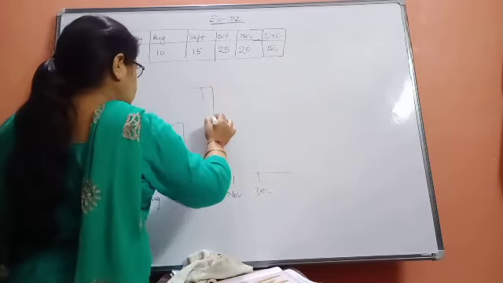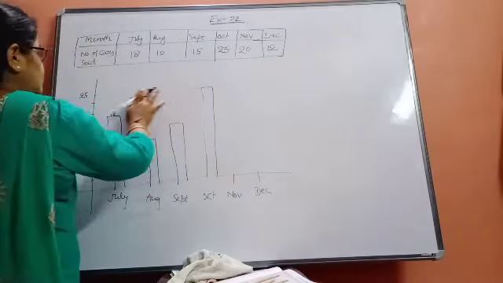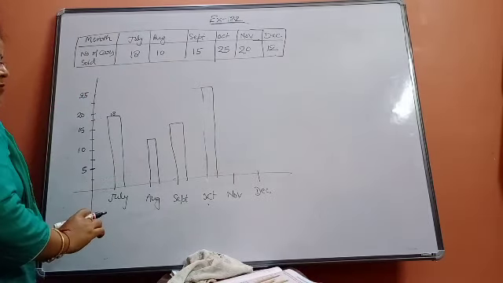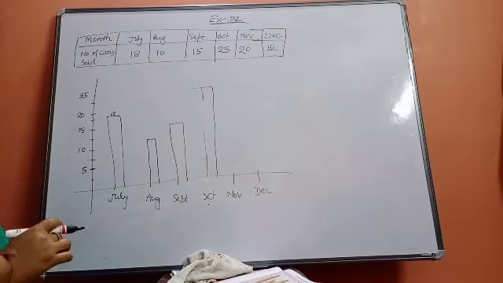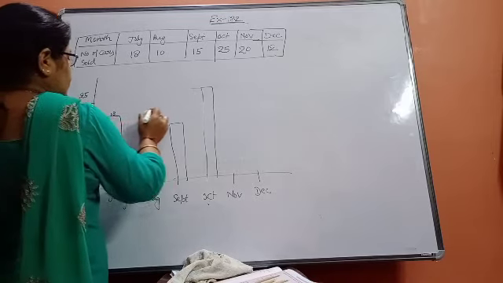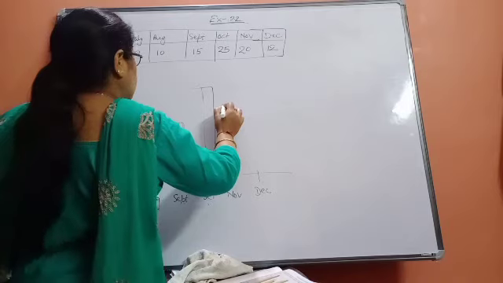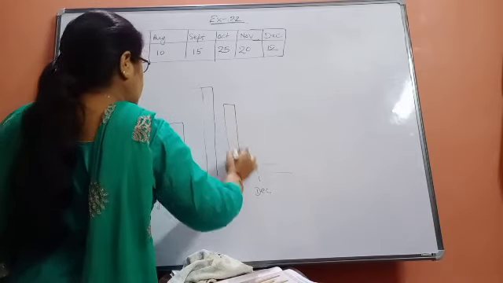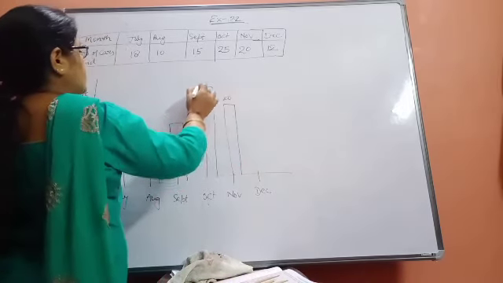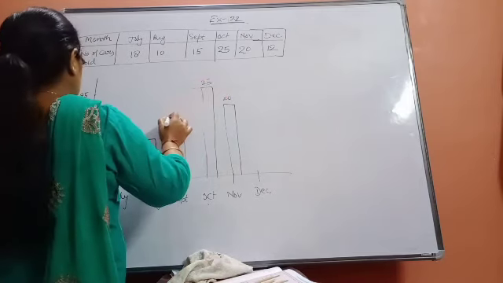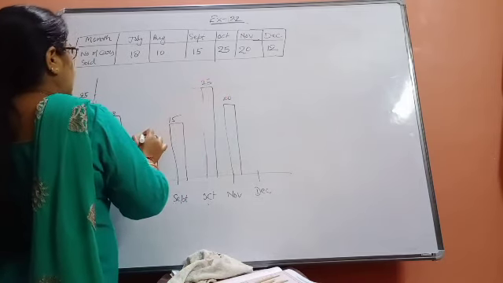In this way. For my convenience I am drawing like that, but don't make a line from here to here. You will have a scale at that time, so you can draw with the help of that. In November month 20 is there, so here 20, here 25, 15 and 10.